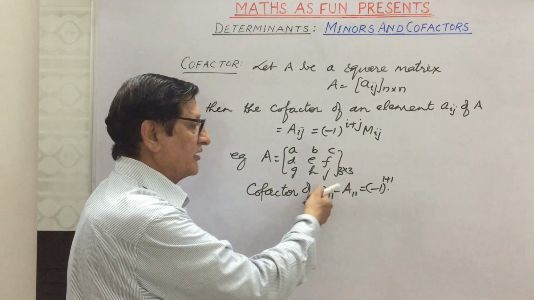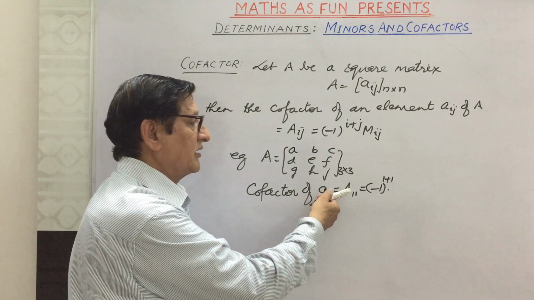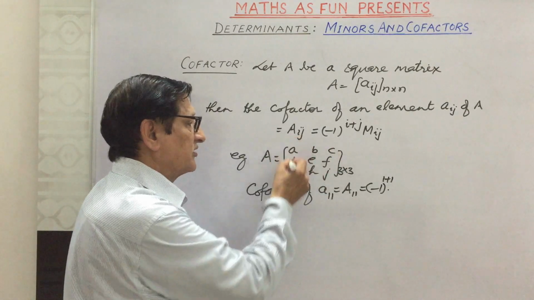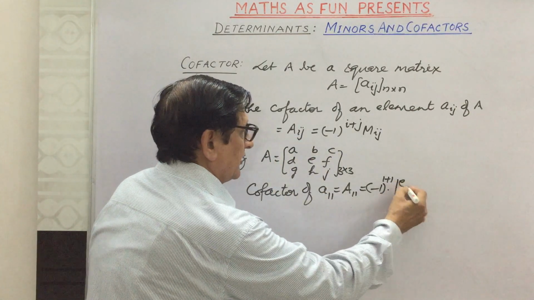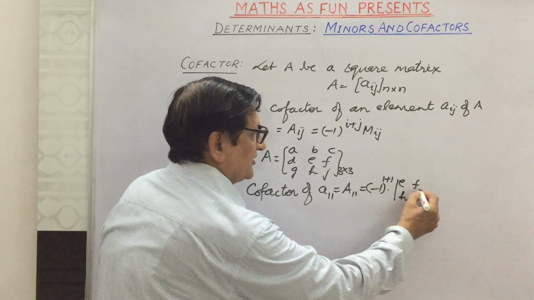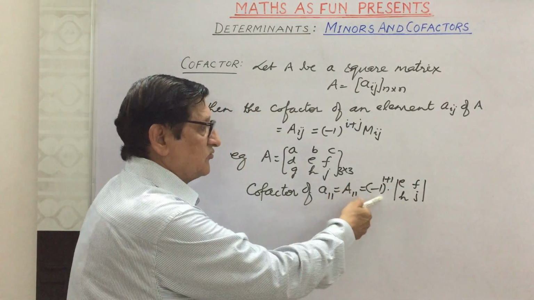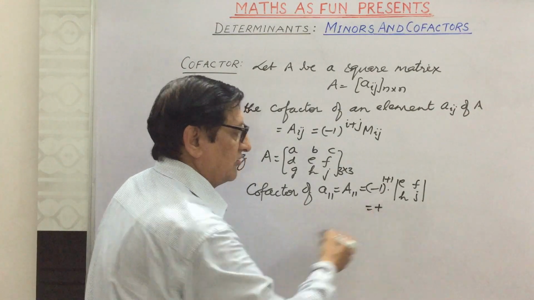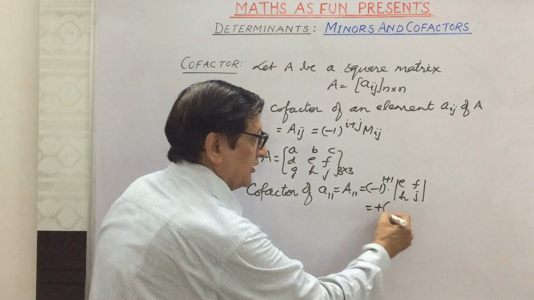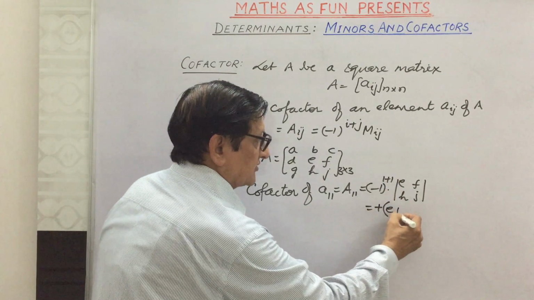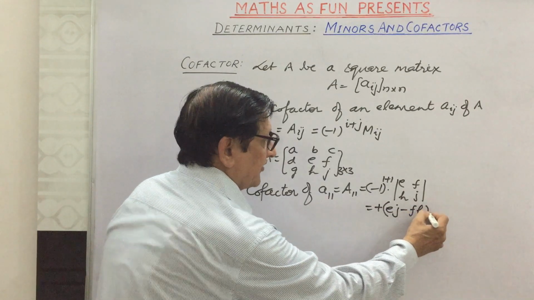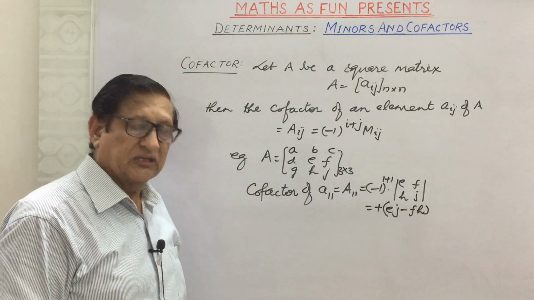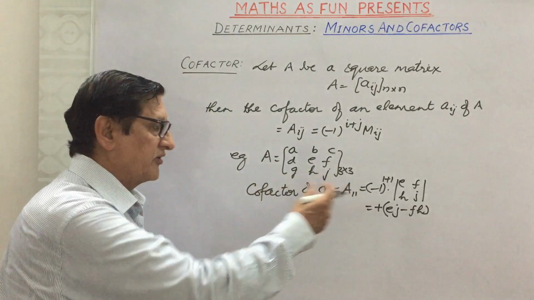To find the minor, we delete the first row and first column. This will be E, F, H, J. We know minus 1 power 2, that is the square of minus 1, is plus. So this will be plus into the value of this, that is EJ minus FH. This is the way we can find the cofactor of an element.